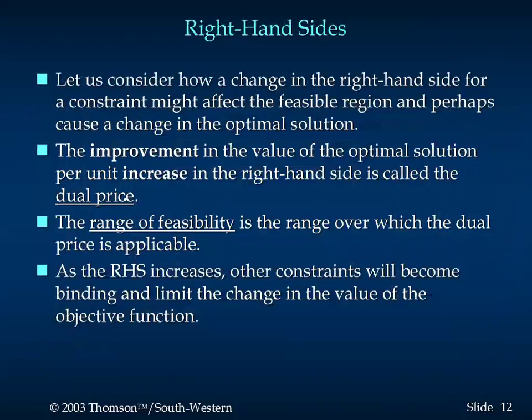The improvement in the value of the optimal solution per unit increase in the right-hand side is called the dual value or dual price. So if we change the right-hand side by 1, the solution will change slightly and the objective function will change. How much the optimal objective function value changes by is the dual price.